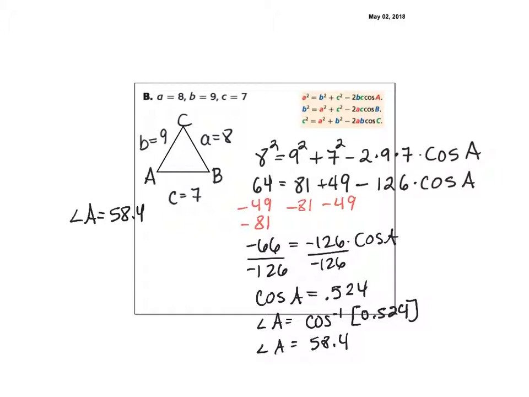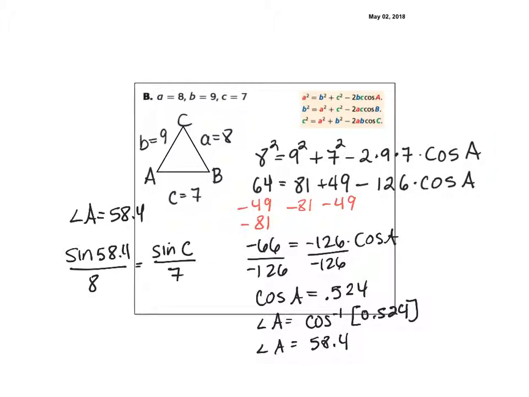And to find angle B, you could use the law of sines at this point. I think it just makes it a little bit easier. So let's set up your law of sines. The sine of A, which we found to be 58.4, over the side across from it, which is 8, is equal to, let's solve for C, the sine of C over the side across from it, which is 7.